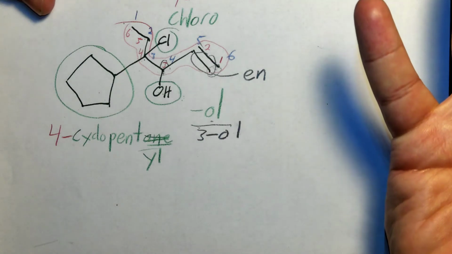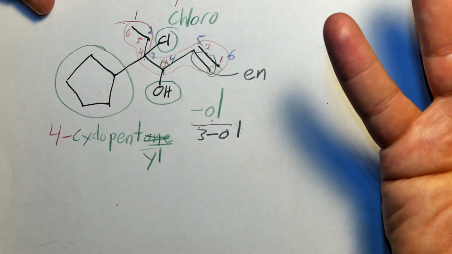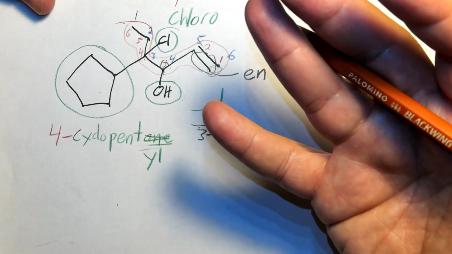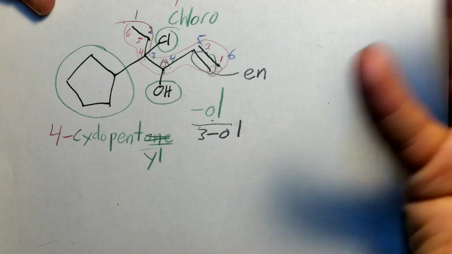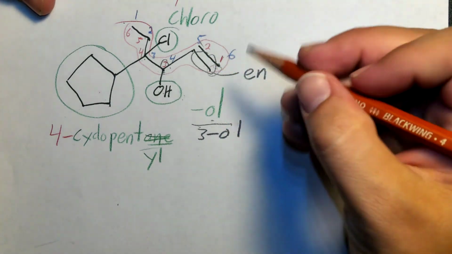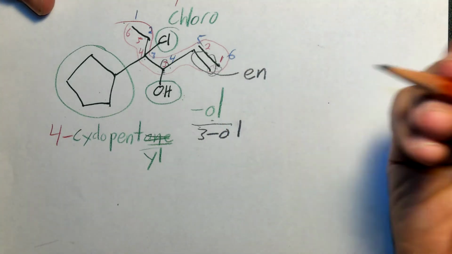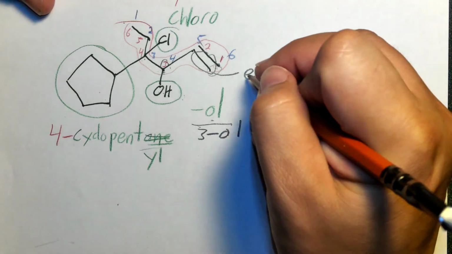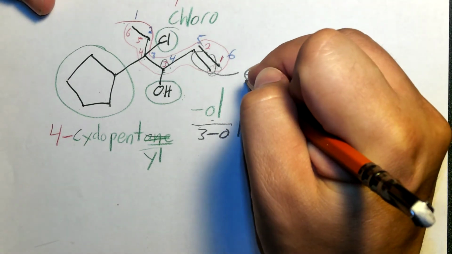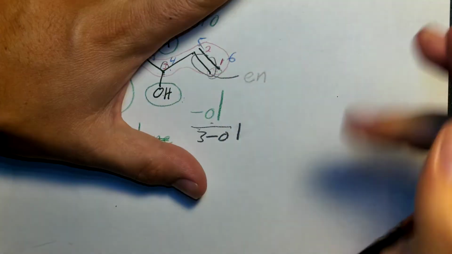There's always going to be two carbons associated with the unsaturation, a double or triple bond. One carbon on one side of the double bond, one carbon on the other. And those two carbons will have two different locants. In this case, 1 and 2. You'll number the unsaturation based on the smaller locant. Makes sense? We're always talking about minimizing locants. So this is going to be not just ene, but rather 1-ene.